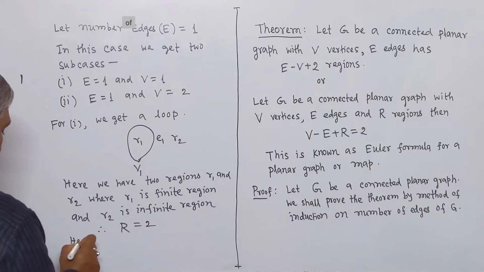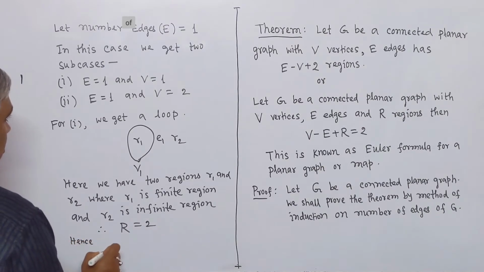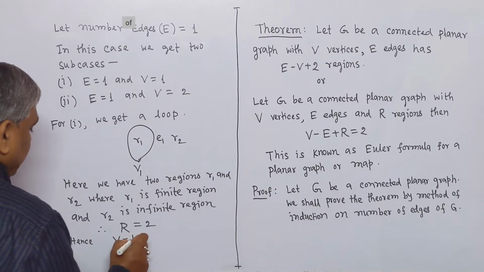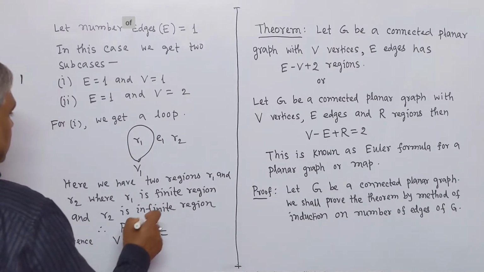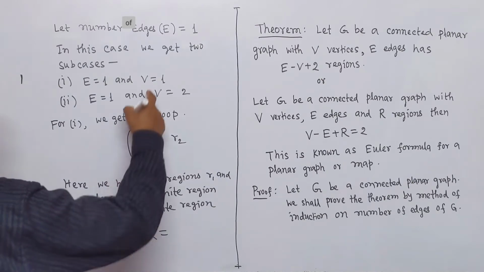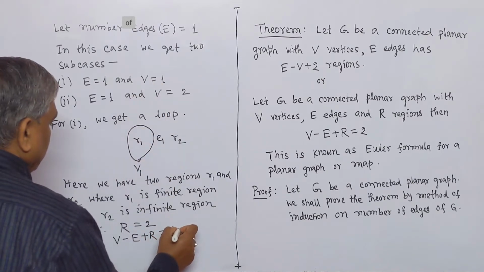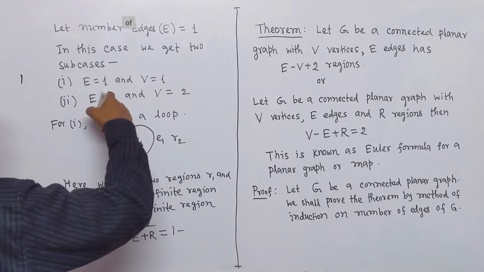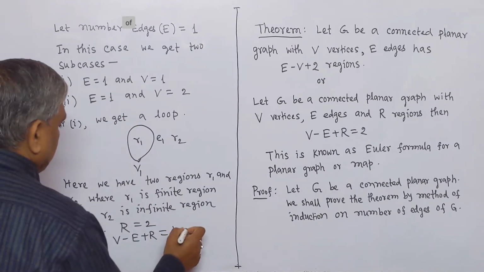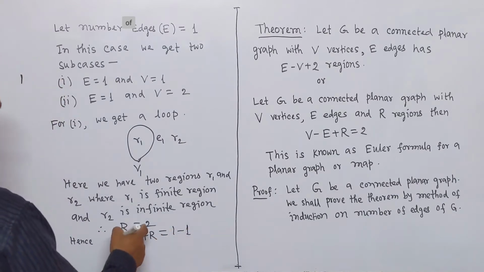Hence, V minus E plus R equal to, V is 1, E number of edges 1 and number of regions 2.